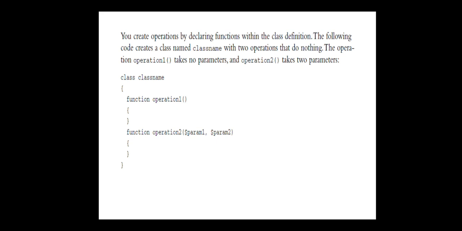Class name, curly bracket open, function operation 1, then curly bracket closes, then function operation 2. We have two parameters, that is parameter 1 and param 2. Right? So this is how we can declare functions within the class, without parameters and with parameters.